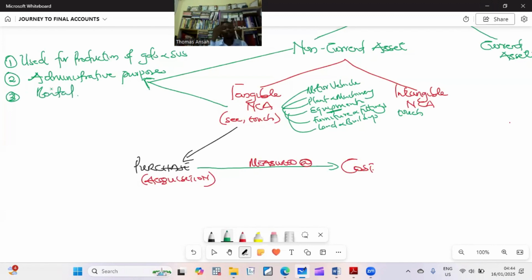As you can see, we purchase these things for long term. So these are assets that are purchased for long term use of a business. We are using it for long term, not just 12 months. It is acquired for long term.